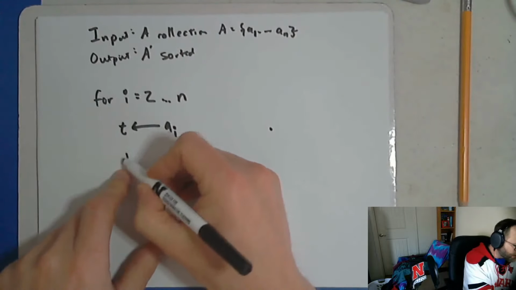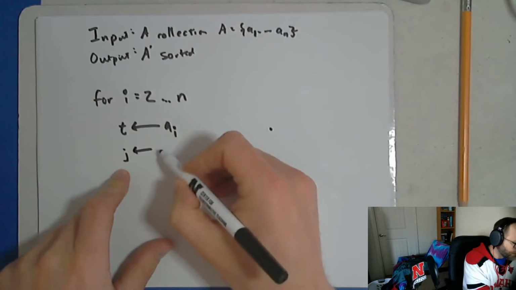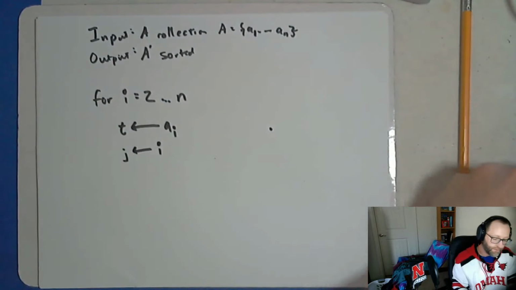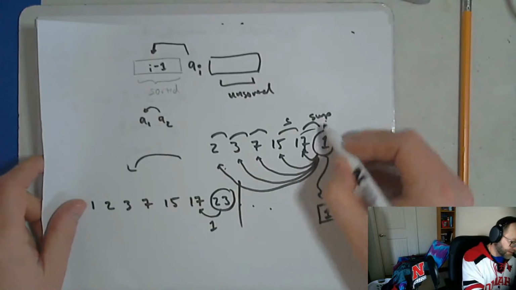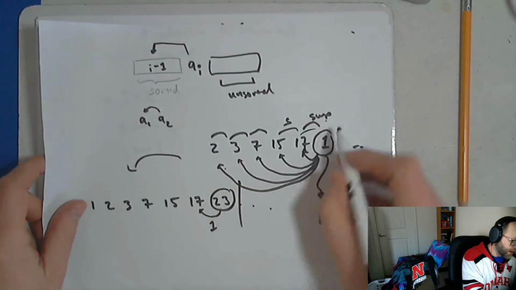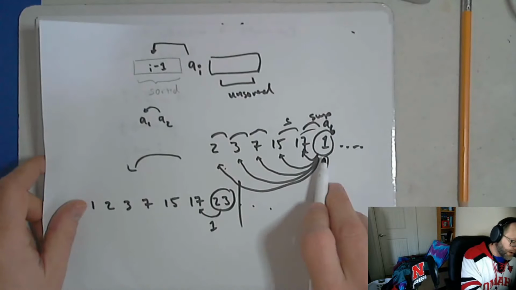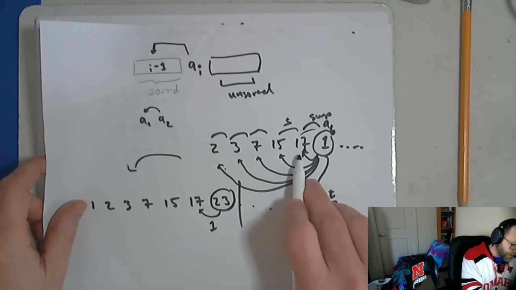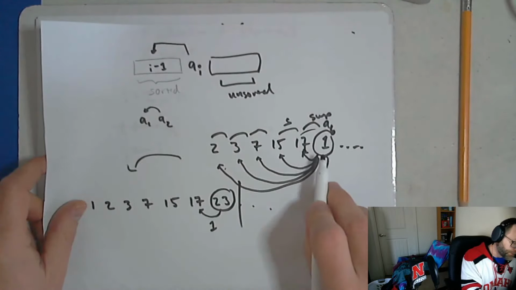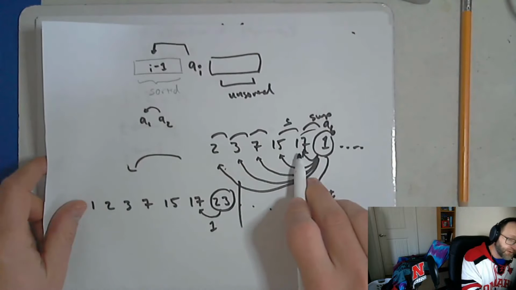Now I'm going to have to iterate on another value here, j, that I'll start at I. What I did over here is, a sub I here is 1, 2, 3, 4, 5, so this was a sub 6 here. I'm going to start my index at this location, and I'm going to compare this value that I'm looking at with the one right previous to it.